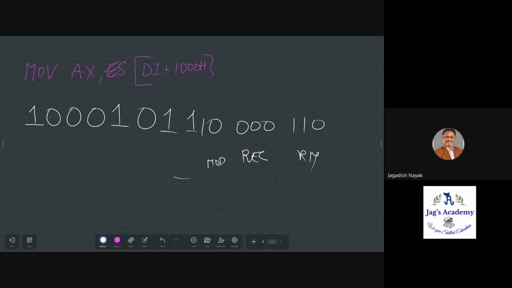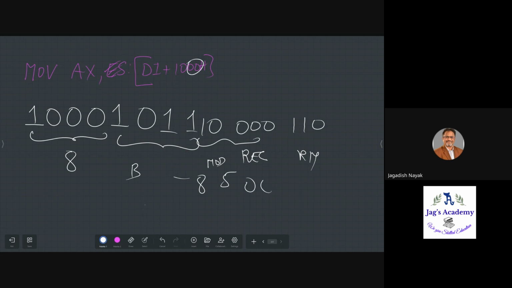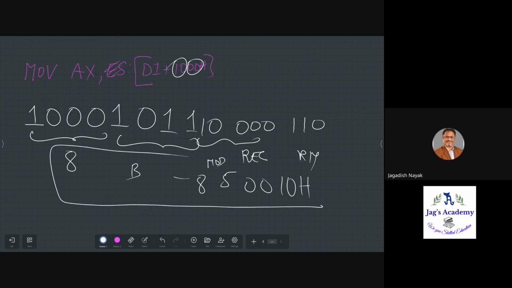Now tell me, what is the final machine code? You have 8B 85 0010H, hexadecimal. This is going to be your machine code.